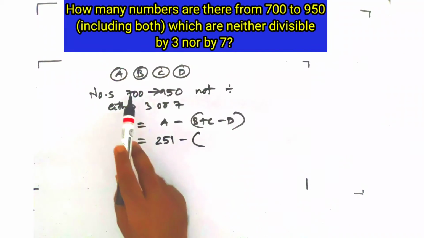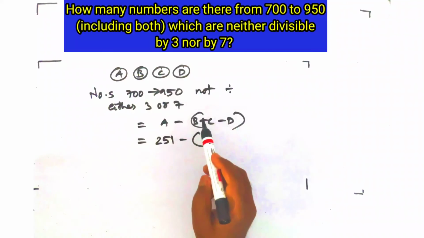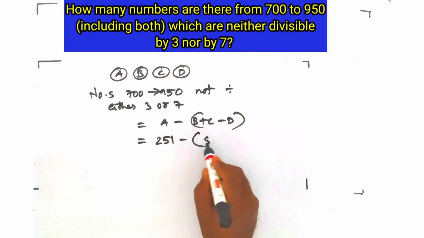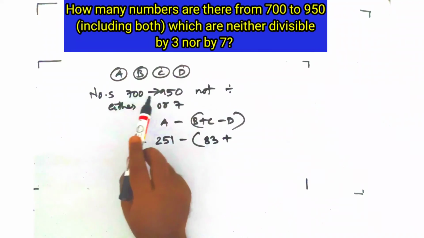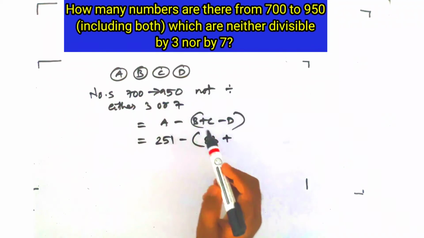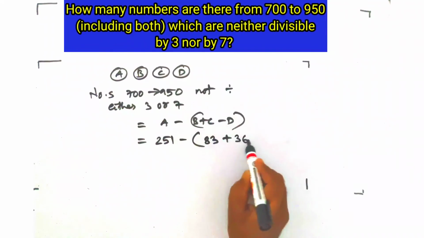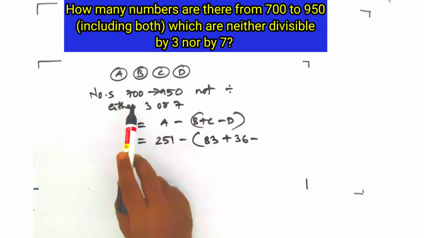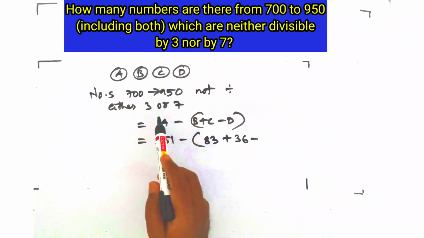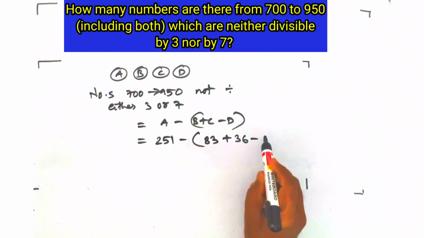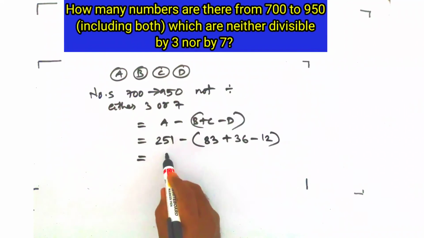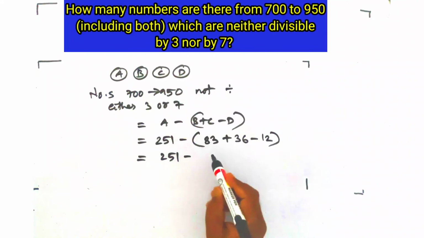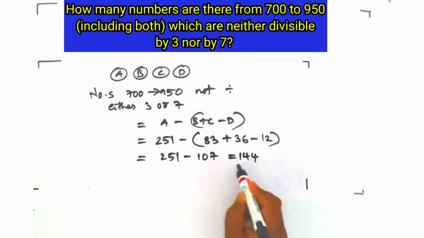The number of numbers divisible by 3 is B, equal to 83. C is the number of numbers divisible by 7, that is 36. D is the number of numbers divisible by both 3 and 7, equal to 12. So the answer is 251 minus 107, that is equal to 144.